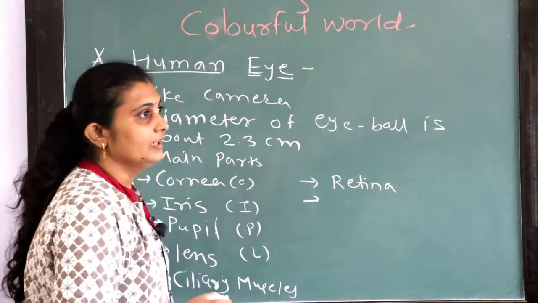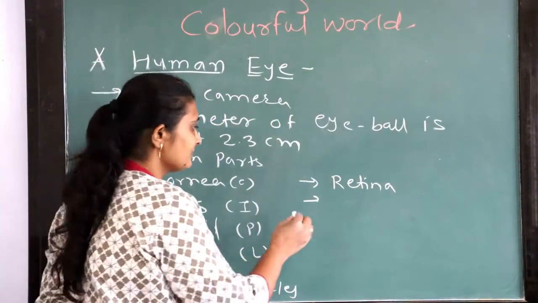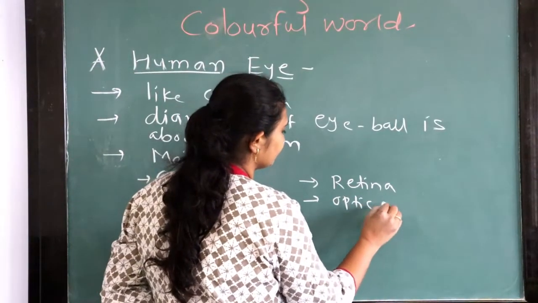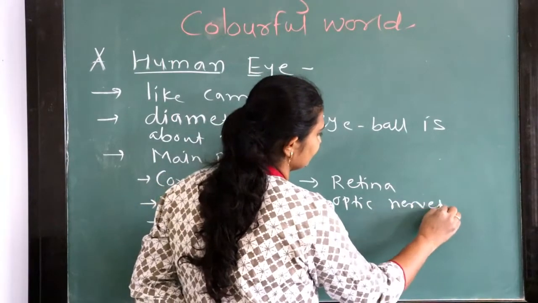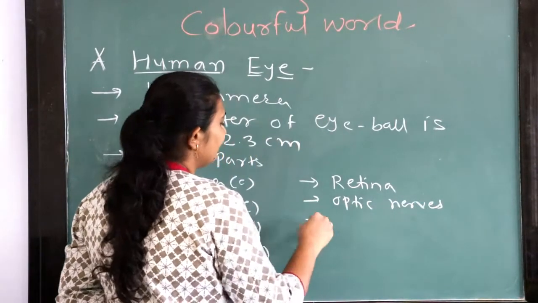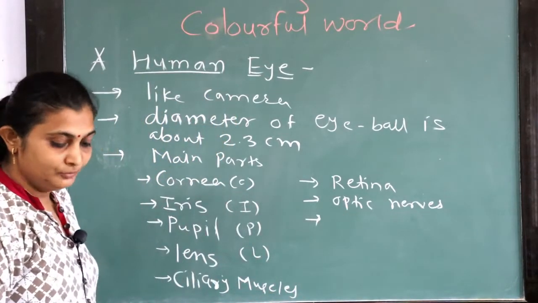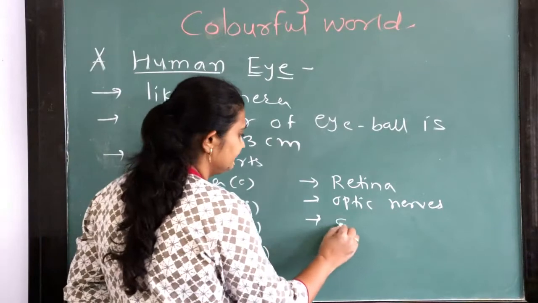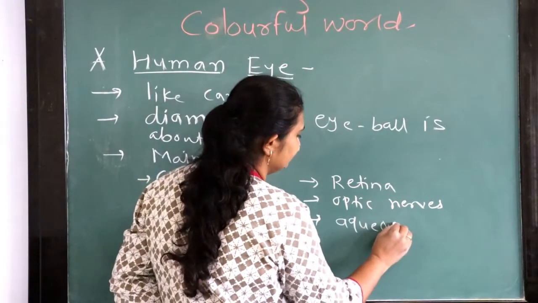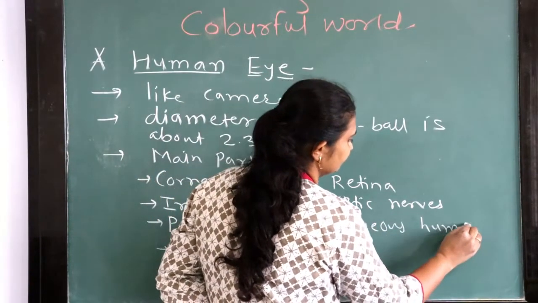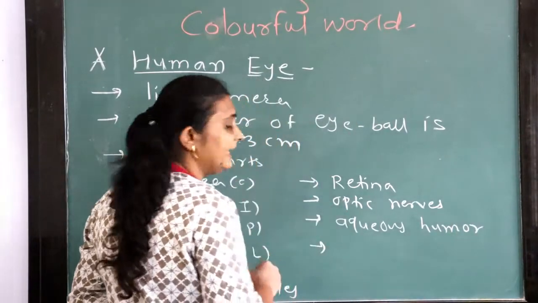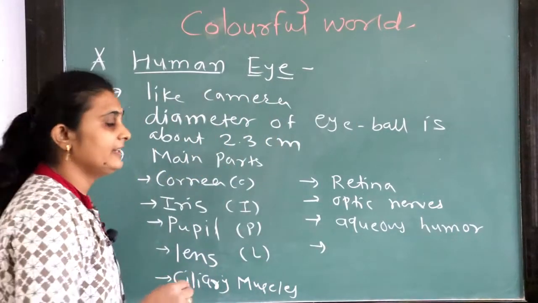After the retina, optic nerves. After optic nerves, aqueous humor. And last one, vitreous humor.